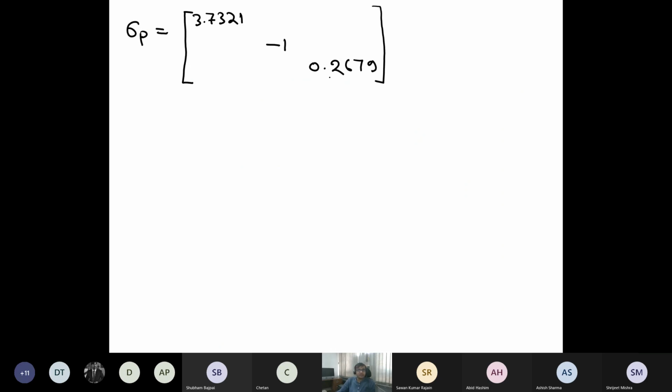So these are my three principal stresses. I can also write it as, if you look into it carefully, this is 2 plus root 3. Root 3 is 1.7 and 2. So that's what it is. Minus 1. And this is 2 minus root 3. So this is what you are actually getting here.